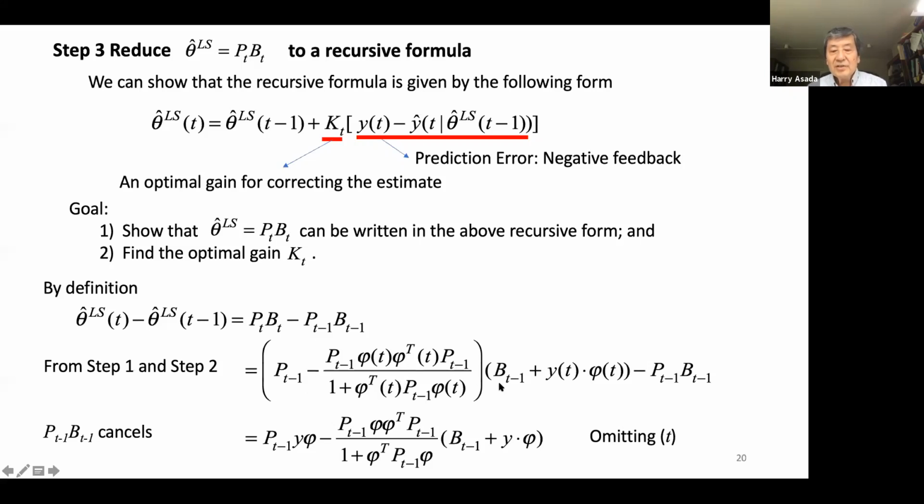And then B_t is expanded to B_{t-1} plus the remaining part, the new data here. And then we just leave this one here. Interestingly, this P_{t-1} B_t cancels when you expand this, leaving this part, P_{t-1} times this, and then this times this shows up in here. Just for brevity, I omitted the parenthesis t, so you can see it in a simpler way, right? So let's compute this.